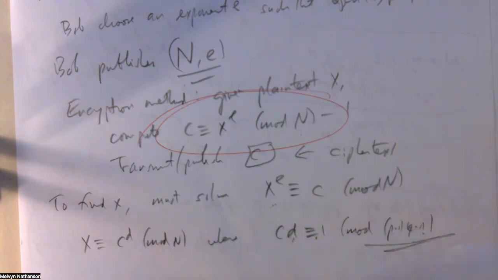And that provides the security in this so-called RSA crypto system. Very important. And it's based on some simple number theory and just the difficulty of factoring. So I'll talk about that more in the next one.